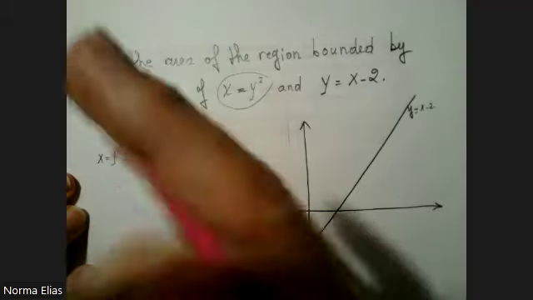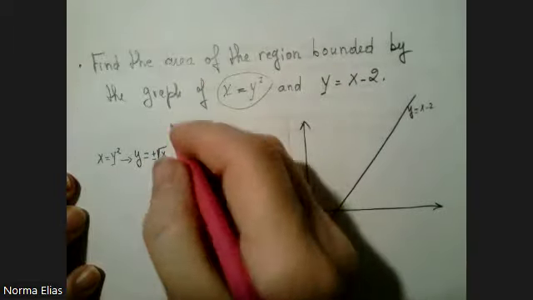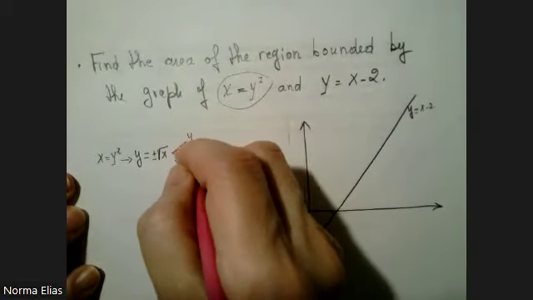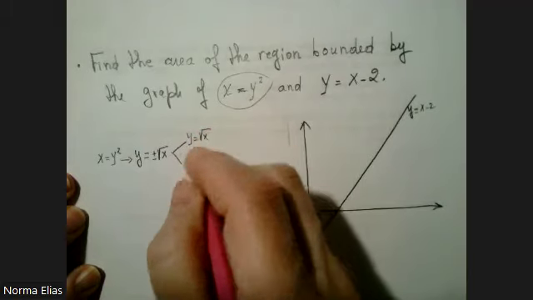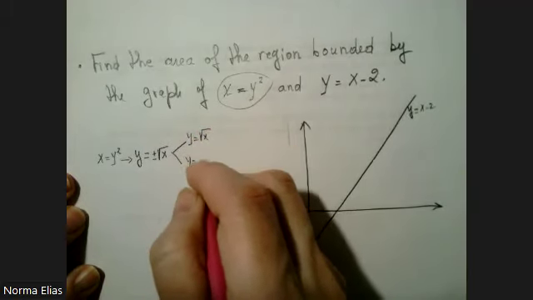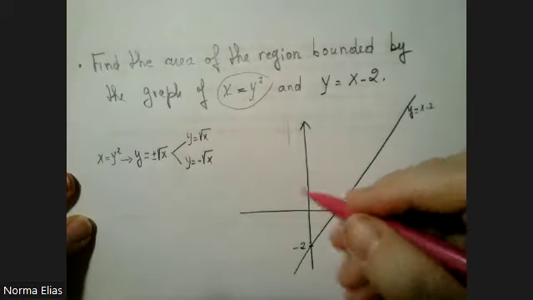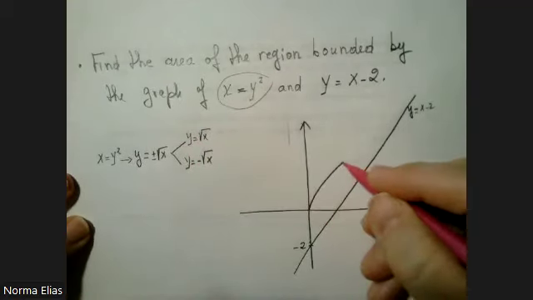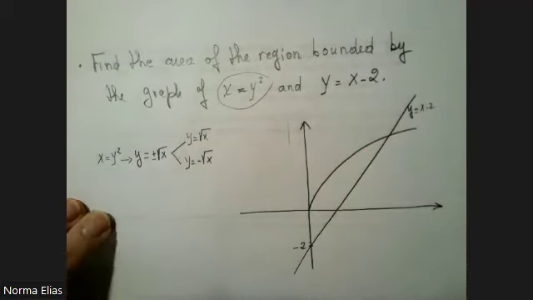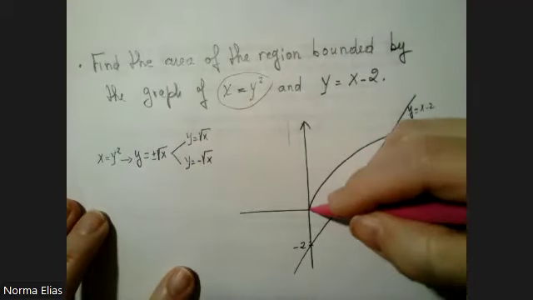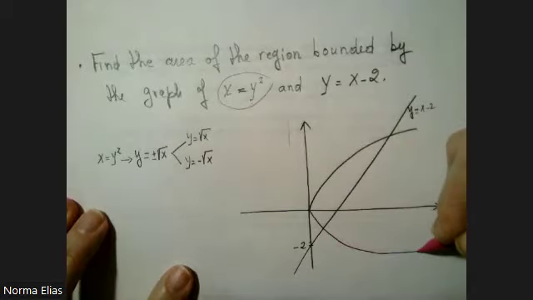It means for every x, I have two y's. So this is going to give me y equal root x and y equal minus root x. That's y equal root x. And y equal minus root x.